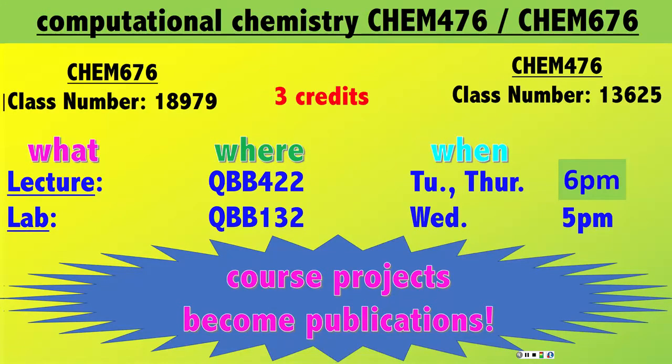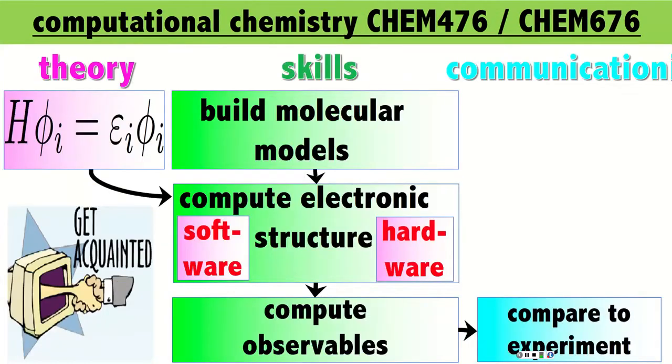And the goal of the course was to combine all necessary components for computational modeling. It started with the theoretical background, and then went through practical skills of building models and running correct software and correct hardware.